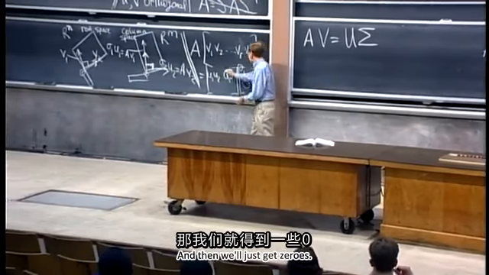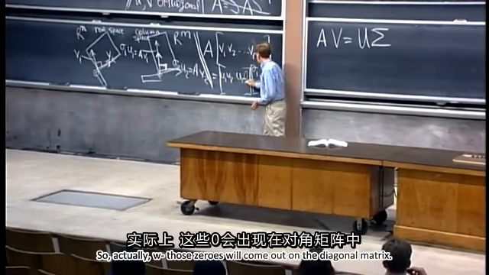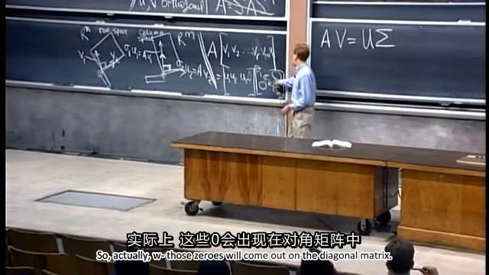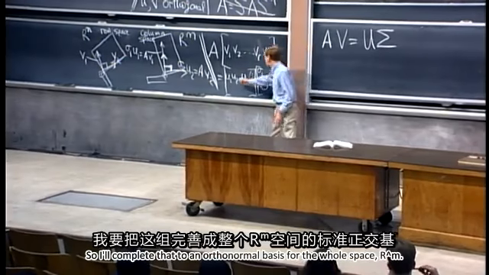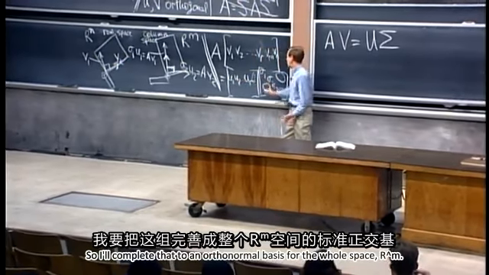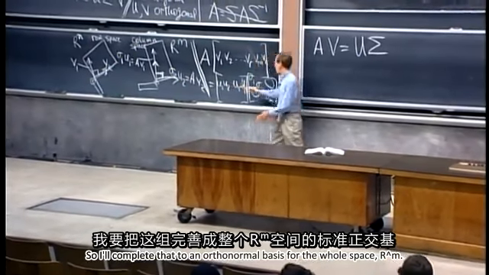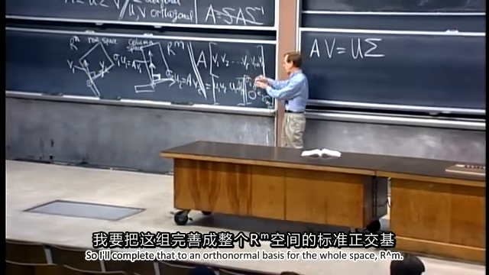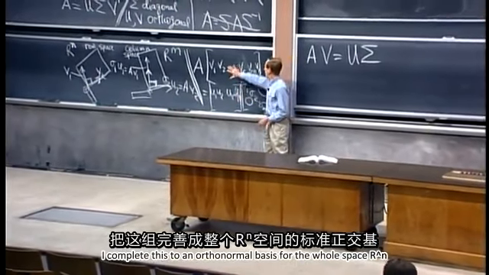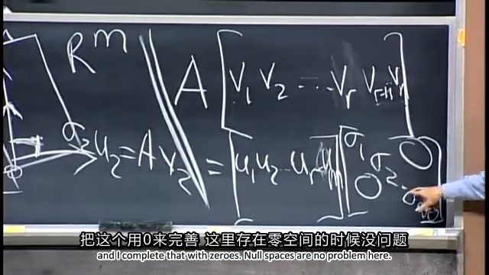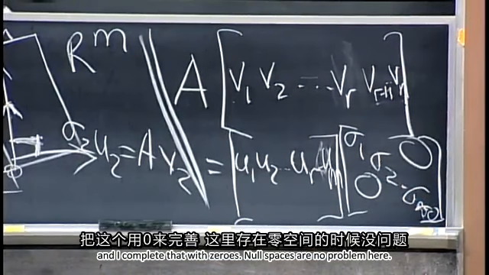And then we'll just get zeros. So actually, those zeros will come out on the diagonal matrix. So I complete that to an orthonormal basis for the whole space, Rm. I complete this to an orthonormal basis for the whole space, Rn, and I complete that with zeros. Null spaces are no problem here.